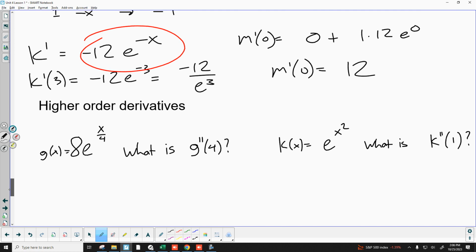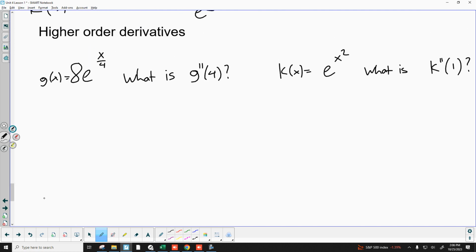Okay, moving on. What if you put an 8 in front of e to the x over 4? There's an 8, just remembering constants, don't worry about it. Please take the second derivative of g and plug in 4. Let's see if you can get this answer.